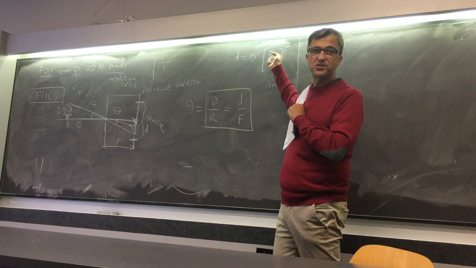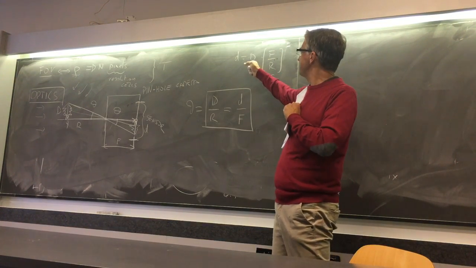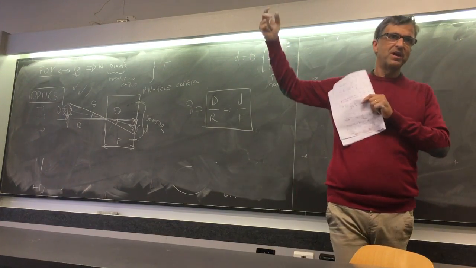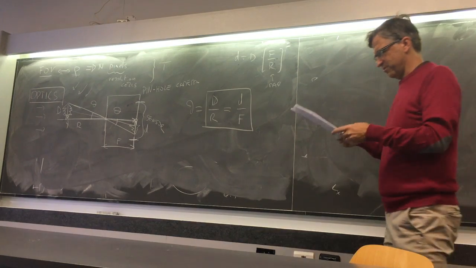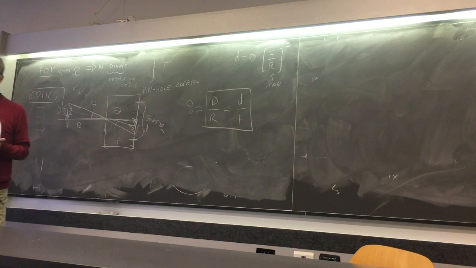Of course, in the real case, this should be a very small number, because if D is 1 kilometer, this can be 1 millimeter, for example. It depends on the field of view, of course. And this is the field of view. So you understand the pinhole camera?